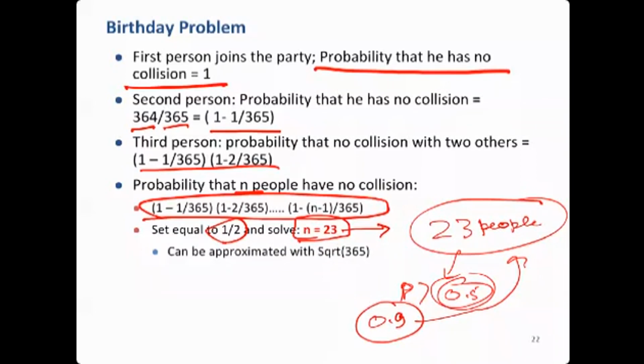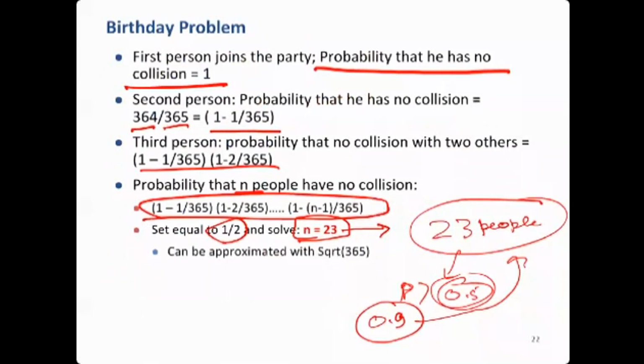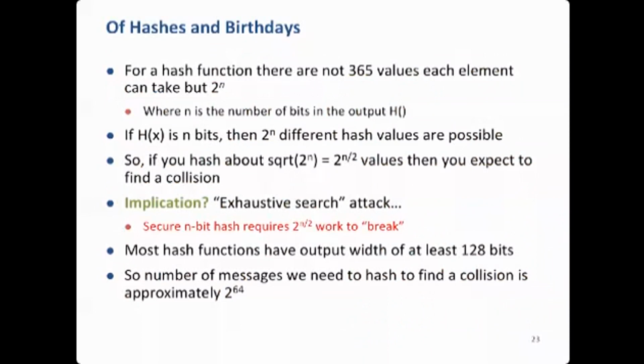So why are we studying the birthday problem here? Because we are looking at collisions. Approximately, for a hash function here, we are looking at 365 days of the year. The output is birthdays, which can be just 365.